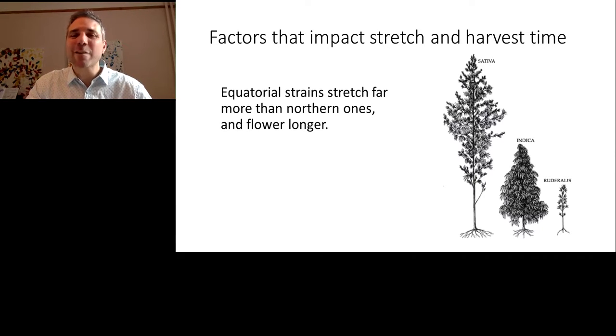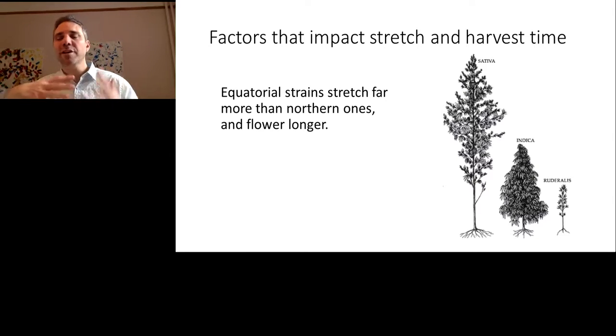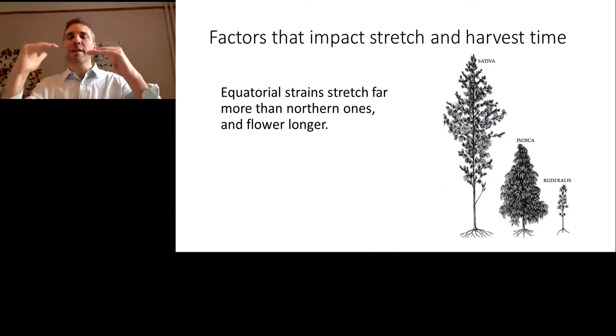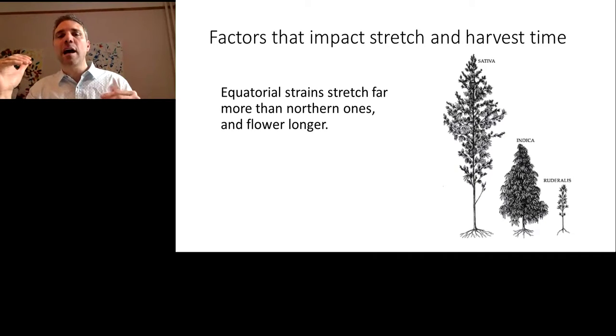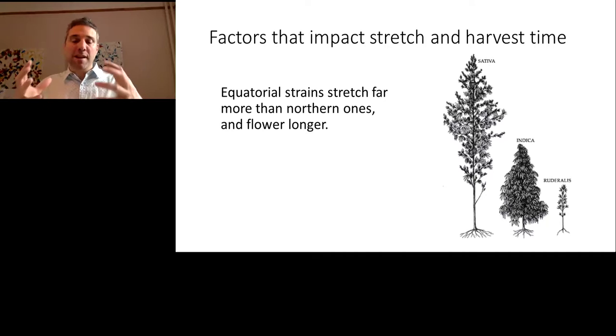You can imagine why, because down towards the equator it's much warmer. The sun is basically out 12 hours a day, all day long, and that cycle never changes. So the plant can spend more time building mass, and that increases the likelihood of propagation.